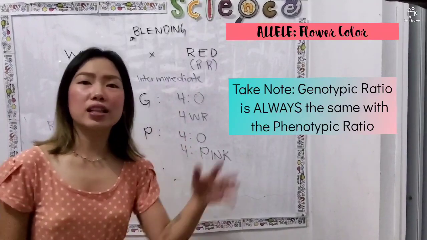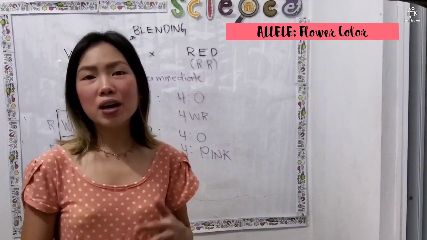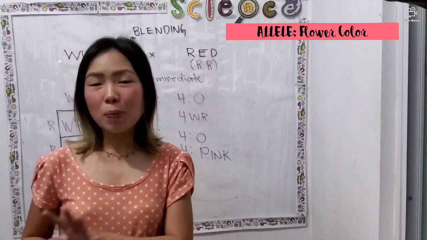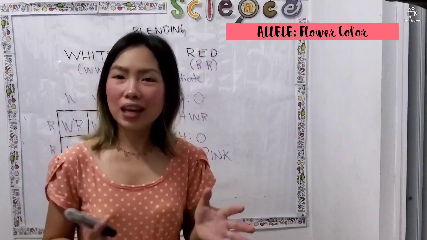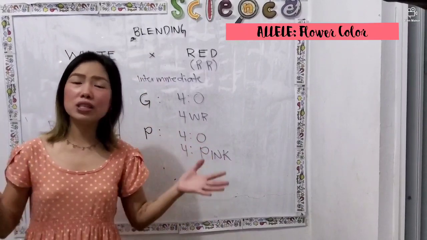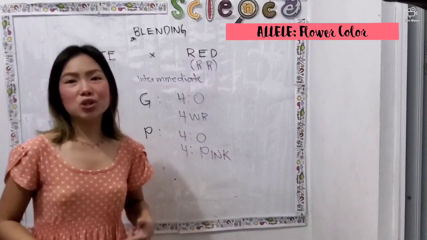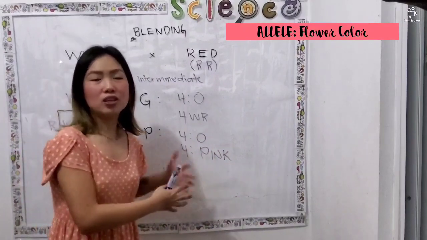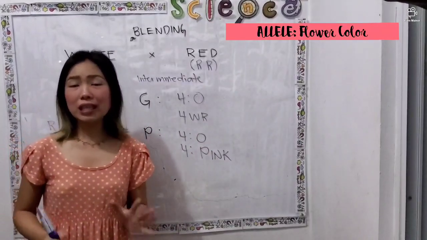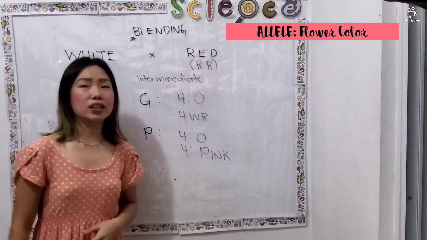Hindi kagaya nung inaral natin nung last time with the monohybrid cross na magkaiba minsan si genotype sa phenotypic ratio. Pero para hindi tayo malito, wag na natin balikan yung idea ngayon. So, ang tandaan natin ngayon, since the focus of our discussion and the focus of our module is about the incomplete dominance, that the genotype and the phenotype of our incomplete dominance is always just the same.